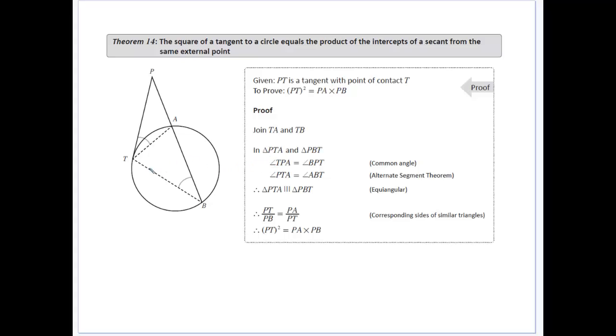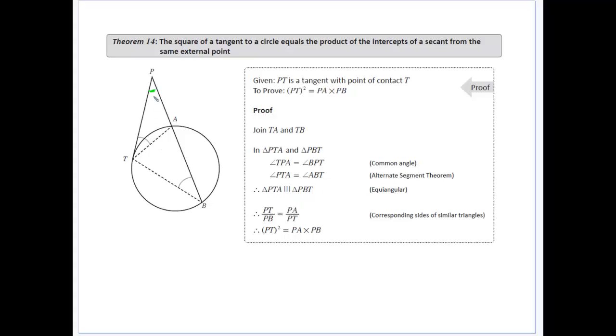We join up, and we get angle TPA equal to angle BPT, the same angle. Then angle PTA, this angle here, would be equal to angle ABT, because of the alternate segment theorem. Therefore they're equiangular.